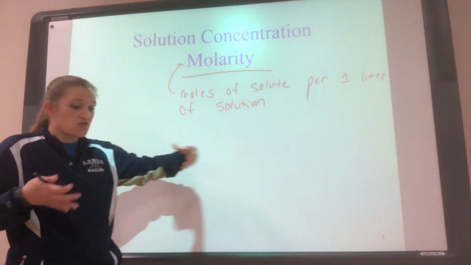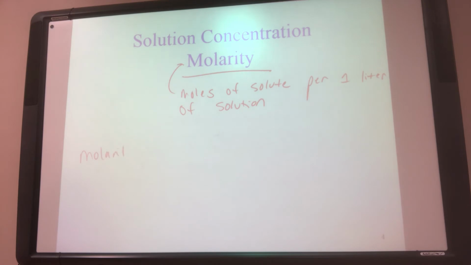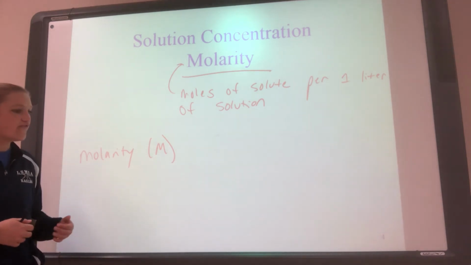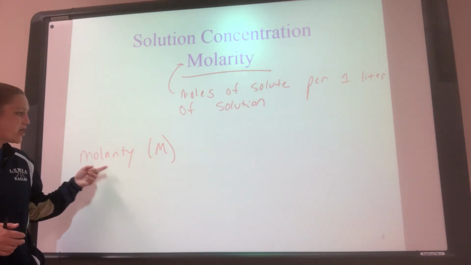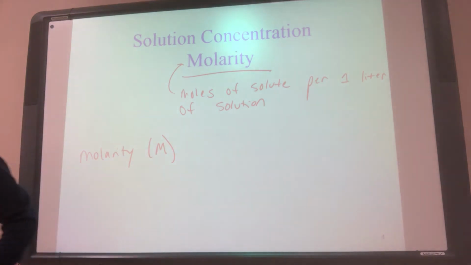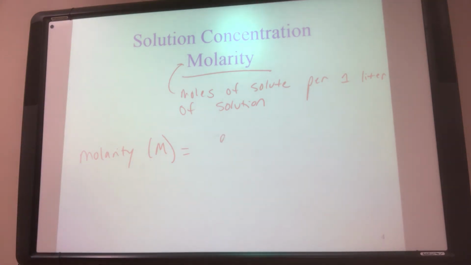So if I want to calculate the molarity, the unit for molarity is a big M. If mass was a little m, volume is a big V, molarity is a big M. And the way that we would calculate this is it's the amount of solute in moles divided by the amount of solution in liters.